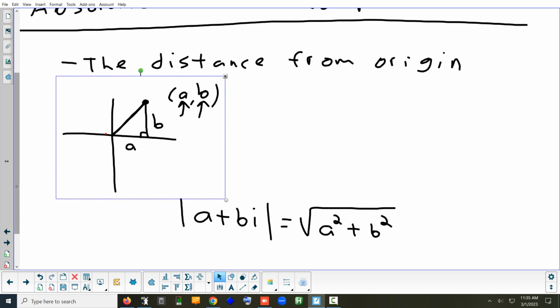Yeah, you just use the Pythagorean theorem. We're not using x's and y's, we're using a's and b's. Those are the letters I used to write a complex number in standard form. It's the real part squared plus the imaginary part squared, and then add them up and take the square root. So it's really just the Pythagorean theorem.